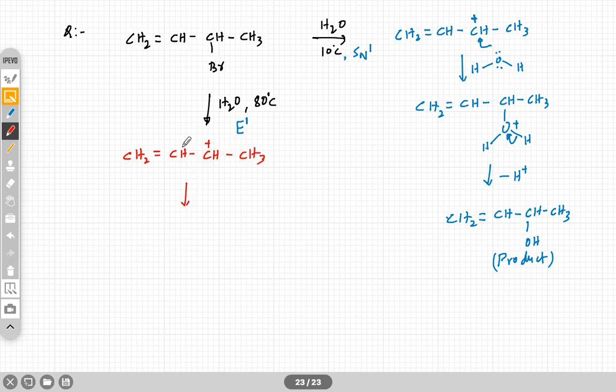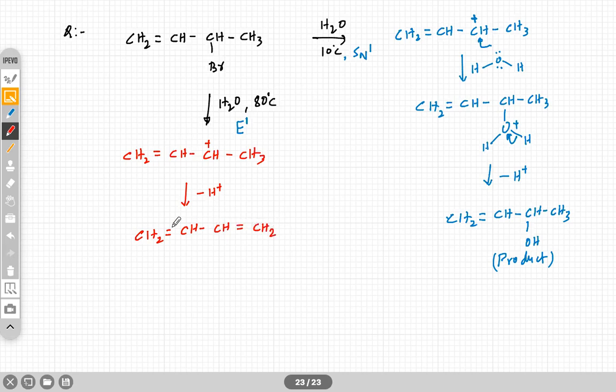So C double bond C will form here, and from here H plus comes out, and it forms CH2 double bond CH, single bond CH, double bond CH2.